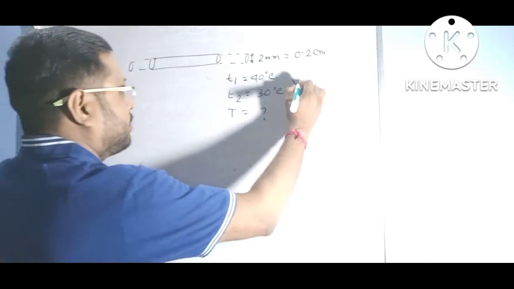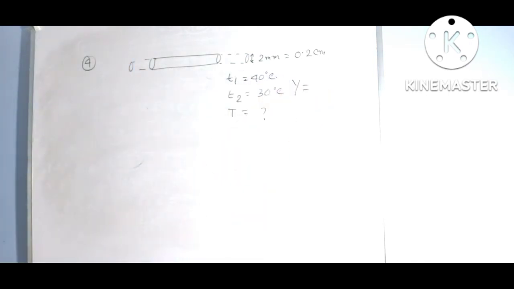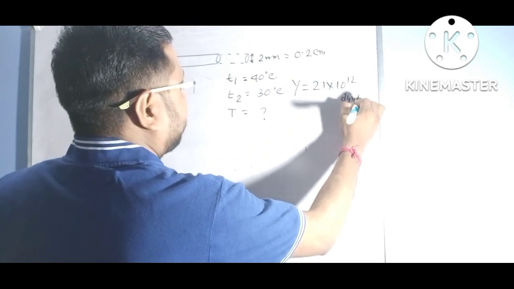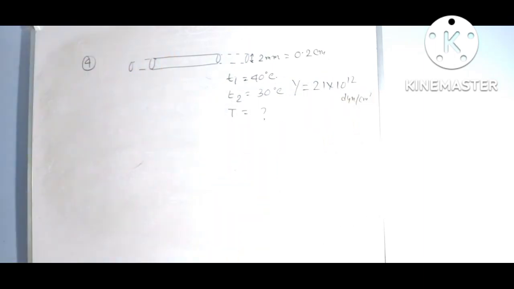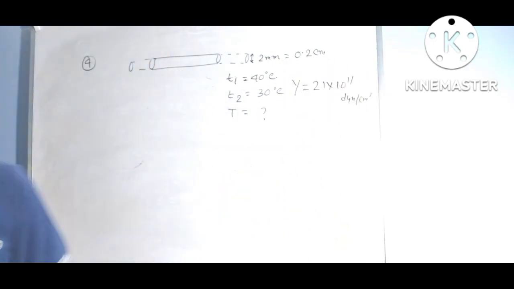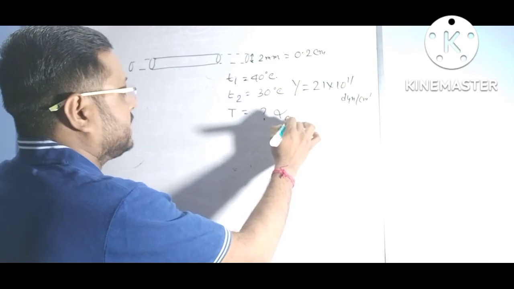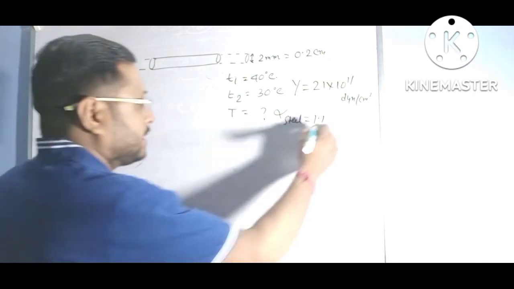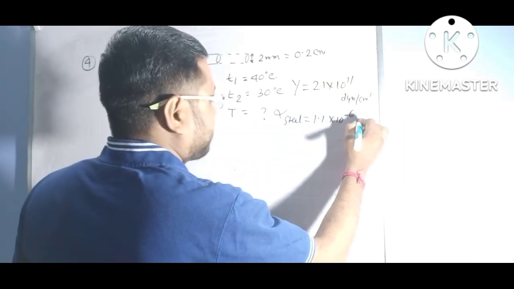Given Young modulus Y for steel is 21 into 10 to the power 11 dyne per centimeter square, and alpha of steel is given as 1.1 into 10 to the power minus 6 per degree centigrade.